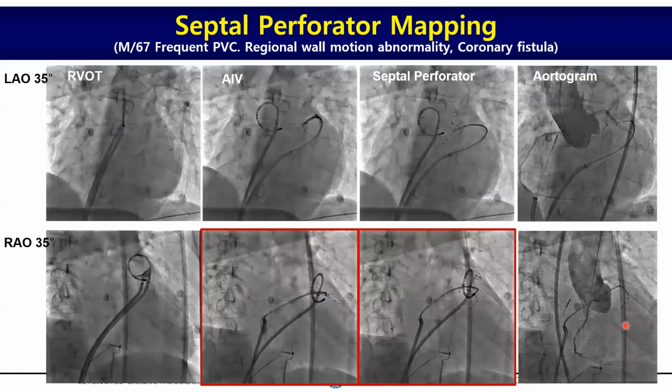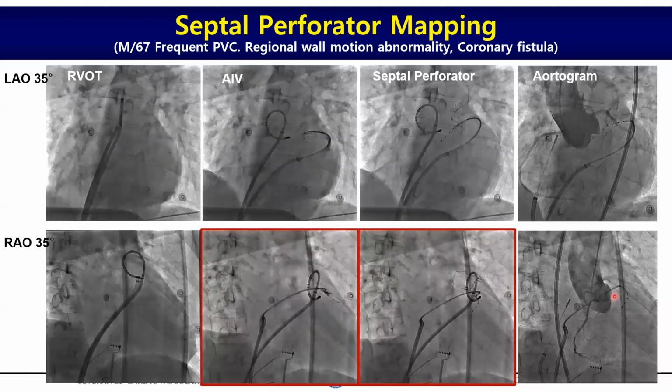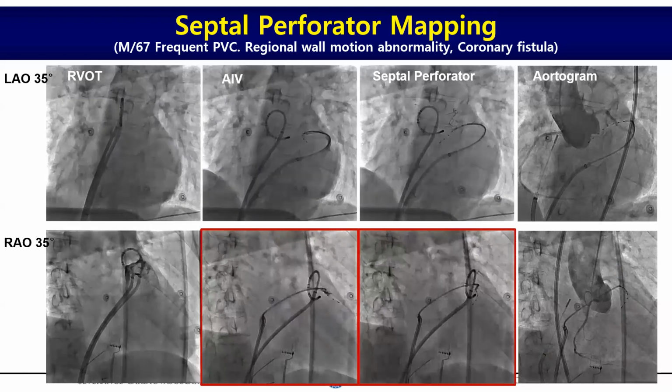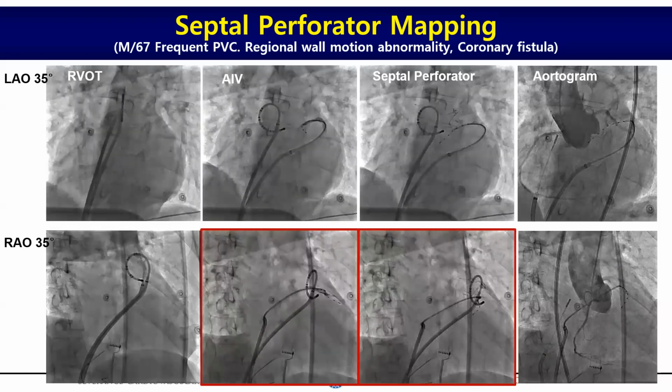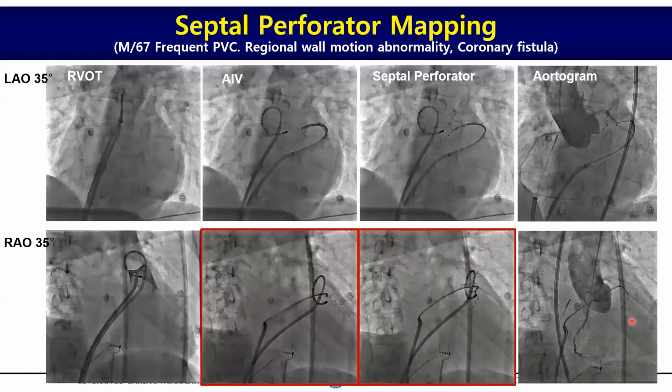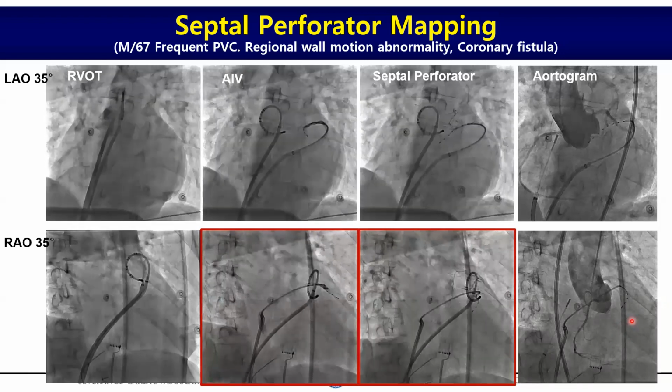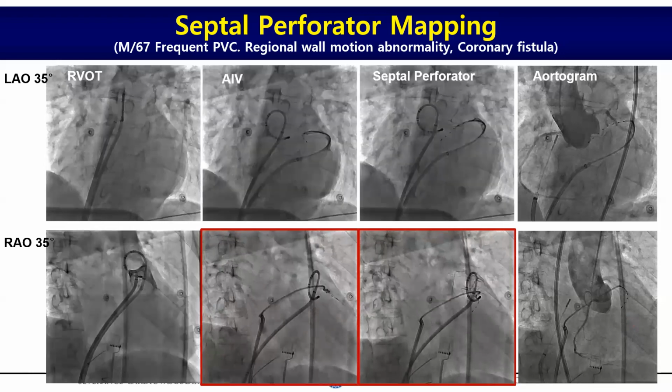If it is close to and above the aortic root, it might be a communicating vein. But this microcatheter is in a low position away from the aortic root, so it is in a high position of the septal perforator vein.